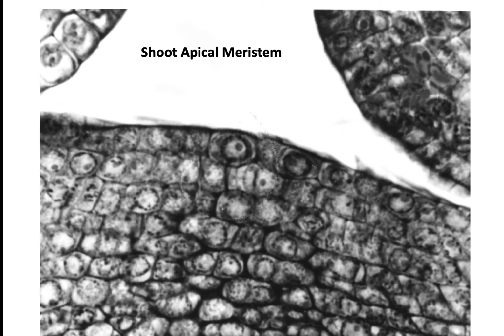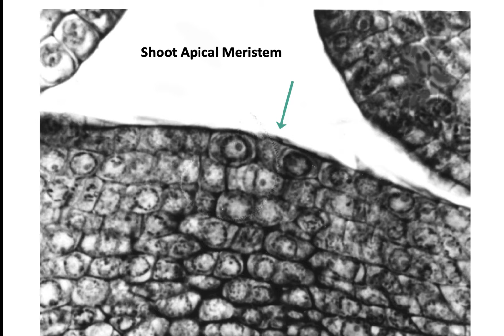This is a close-up of a shoot apical meristem, and you can see the leaf primordia on the upper left and upper right, the formation of new leaves. This is actually from my master's thesis on Hedera helix, which is English ivy. And you can see in the center here these cells with very large nuclei, as well as smaller cells around the periphery, and more dark staining cells in the middle.